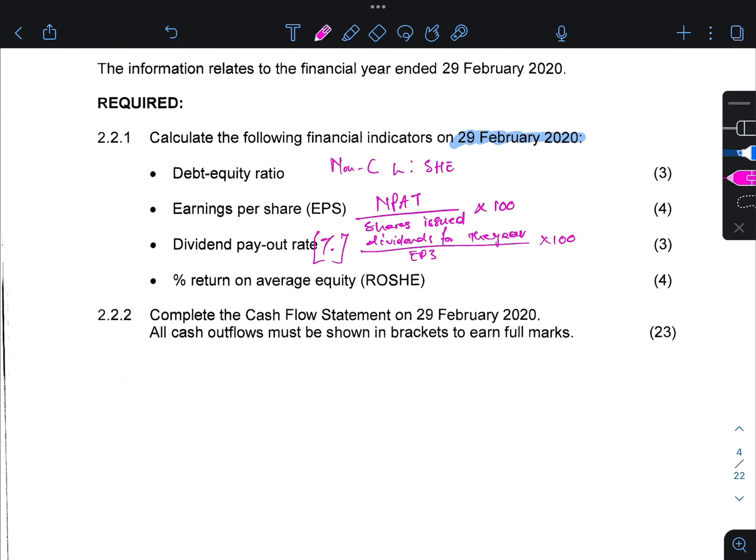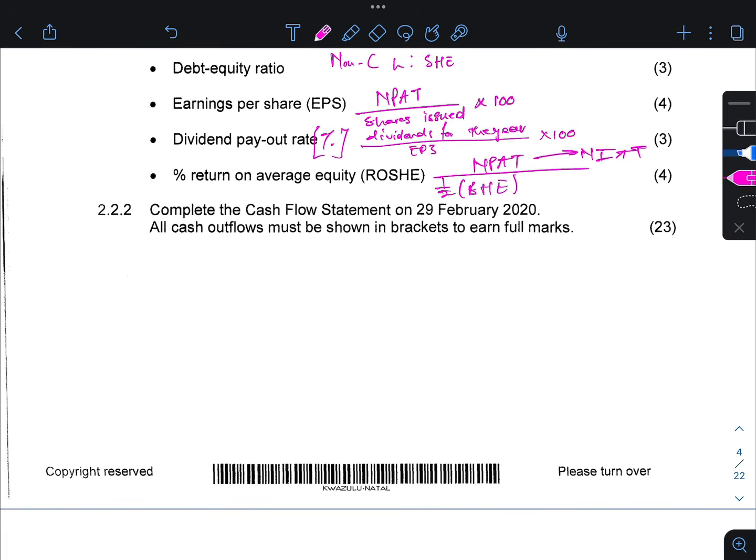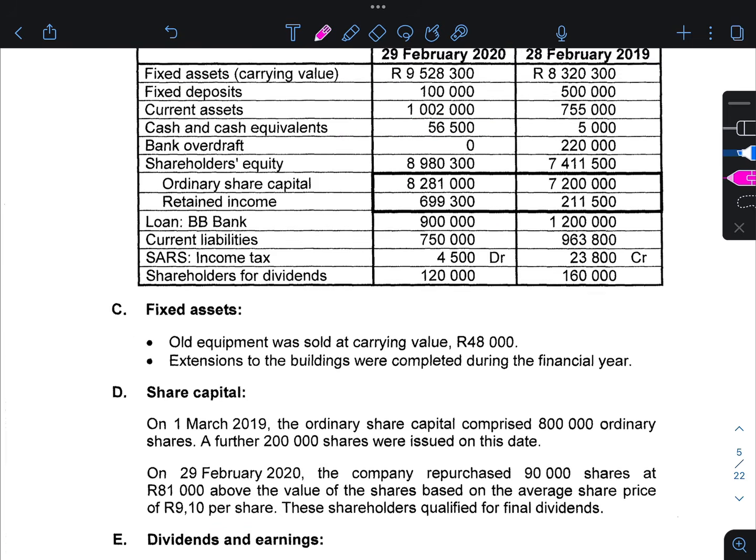Cool. So your percentage return on average equity, now you have your net profit after tax. Sometimes they can say net income after tax, right? And then you have your average shareholders equity. That's your SHE. Okay, so let's get into the calculations now.